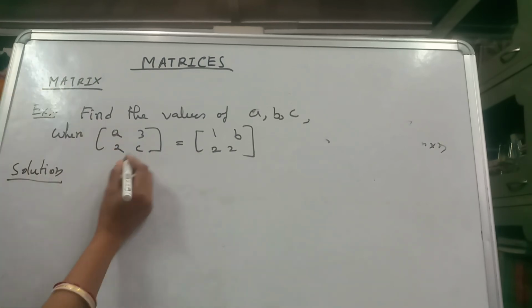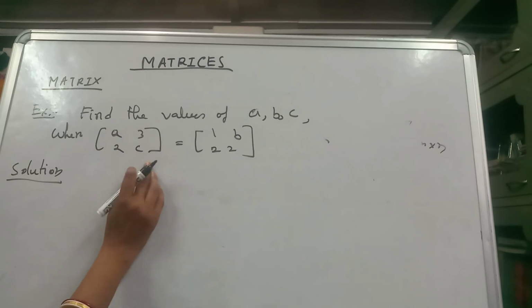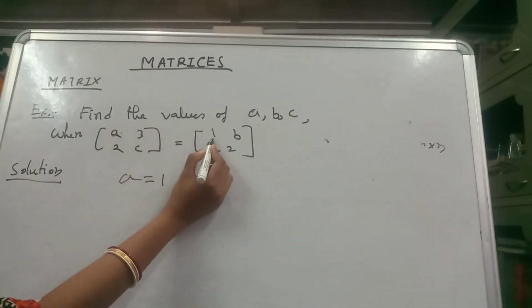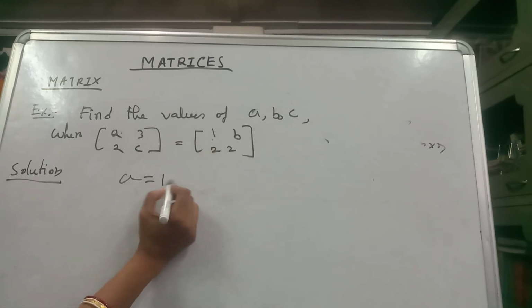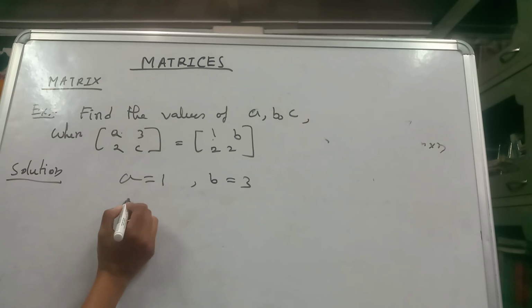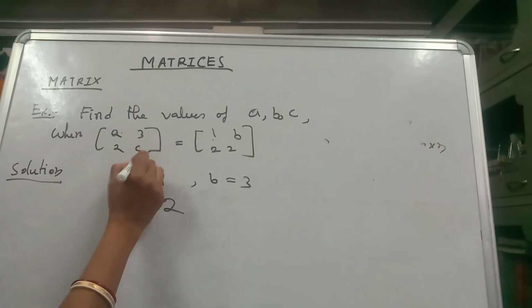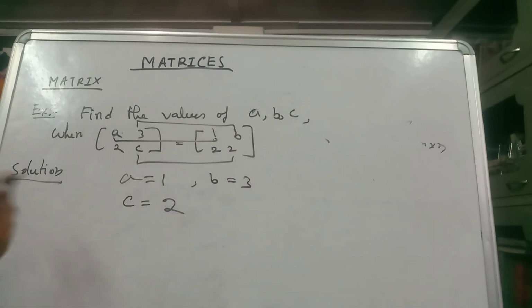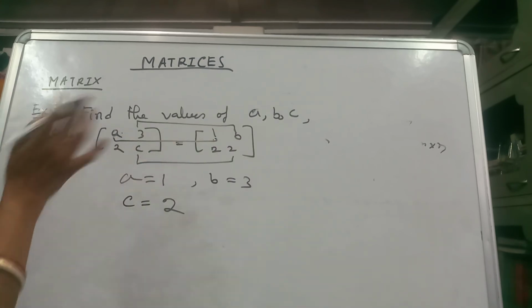Then from the definition of equal matrices we can write a equal to 1. Therefore a equal to 1, b equal to 3, c equal to d, corresponding to this. These are the values of a, b, c.